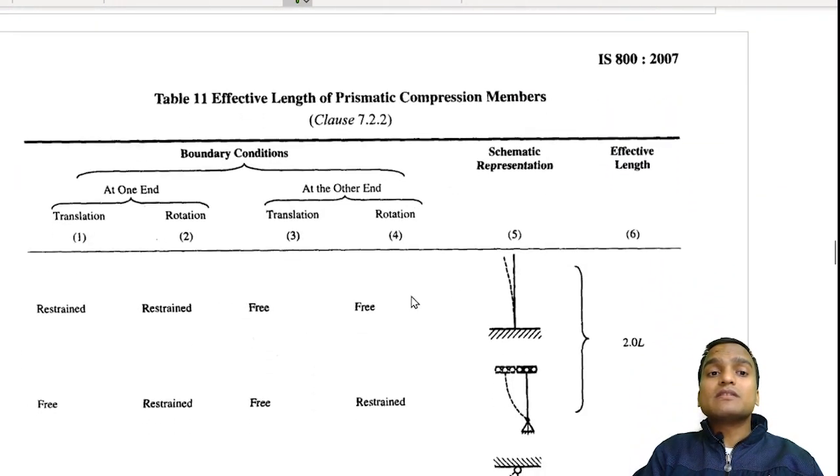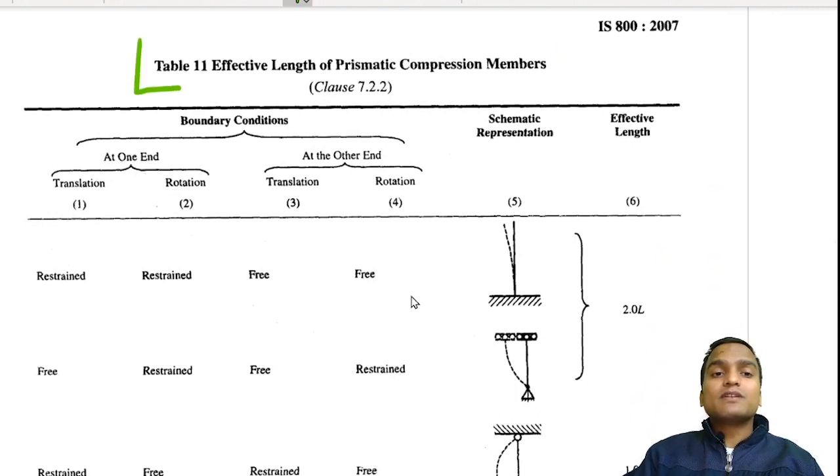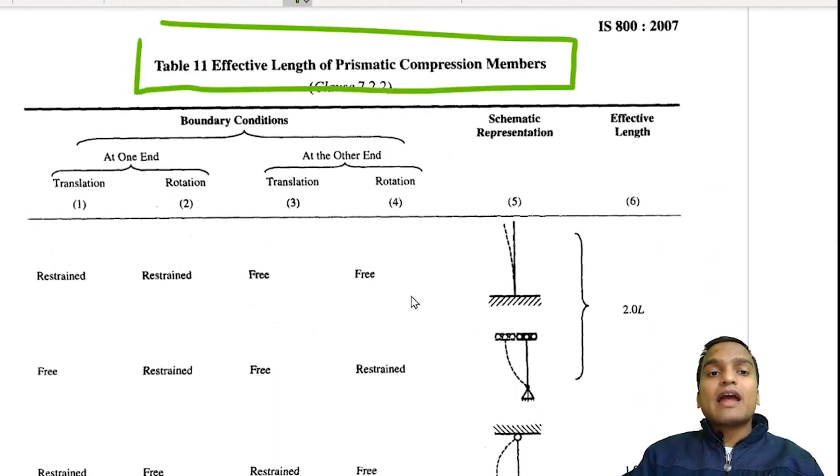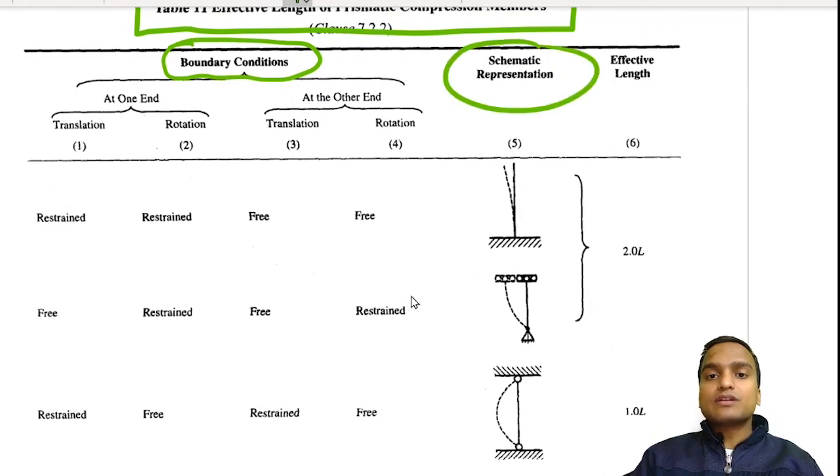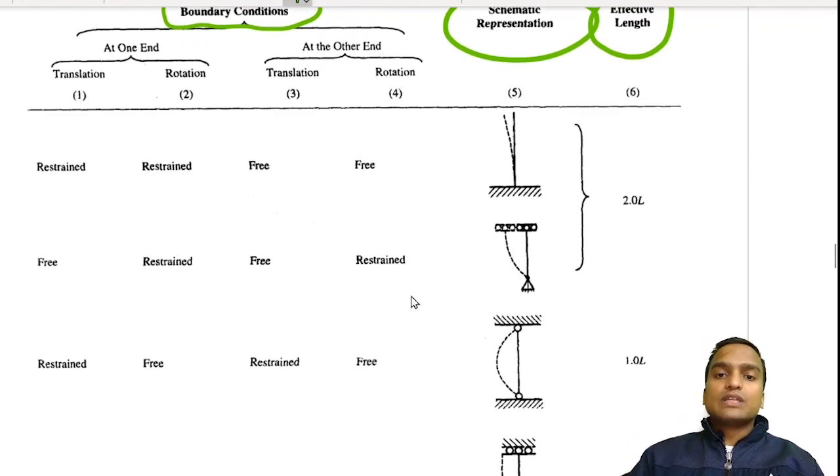Now effective length is given in this last table, which is very important, which is table number 11, and it lists the effective length for different compression members under different boundary conditions. So you see here boundary conditions. You can directly see the schematic representation here, and for those cases effective length is also listed. In the first case, one boundary condition is fixed and the other is free.